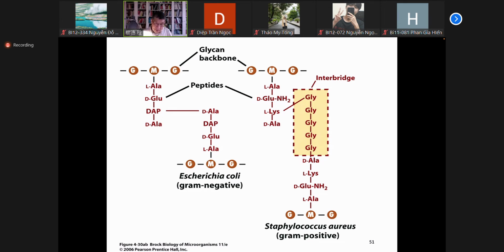But because E. coli is a standard gram-negative one, and Staphylococcus aureus is a standard gram-positive one, their structure is solved in more detail. So we only need to know their differences. Escherichia coli is one of the major colon bacteria, and it's gram-negative.